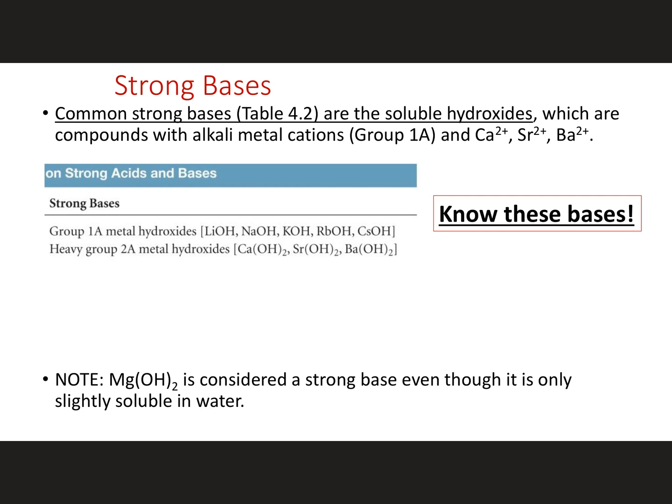Strong bases are much the same, so they're group 1 and some group 2 metal hydroxides. But the important characteristic is that they ionize completely. Just like strong acids, strong bases ionize or dissociate completely in solution.